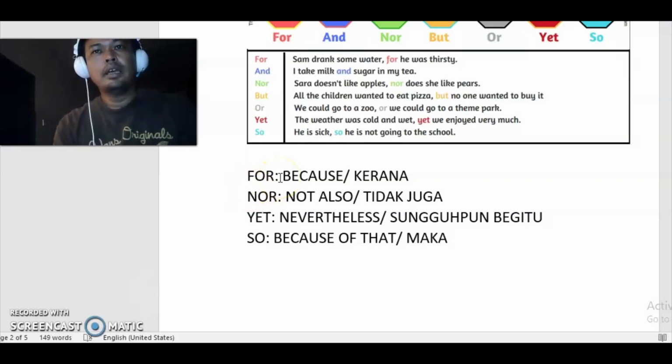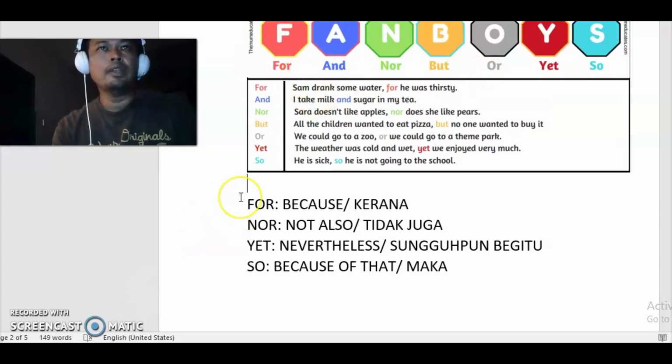For example, this package is for you. For in this sentence is not the FANBOYS for. It is what I mentioned just now, a preposition, untuk anda. But for here, let's see the sentence again. Sam drank some water kerana he was thirsty.